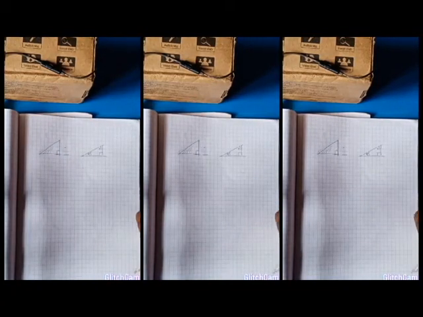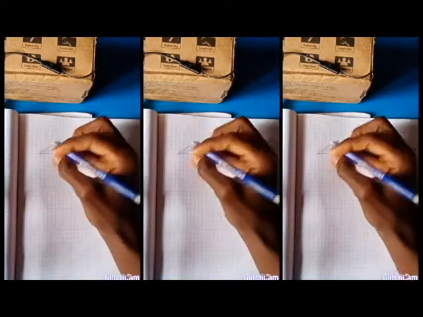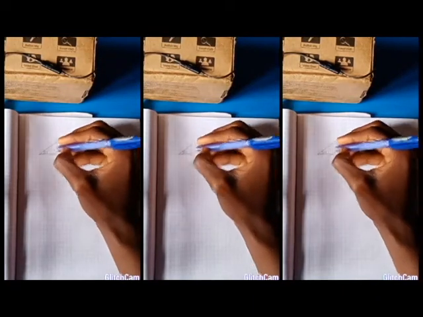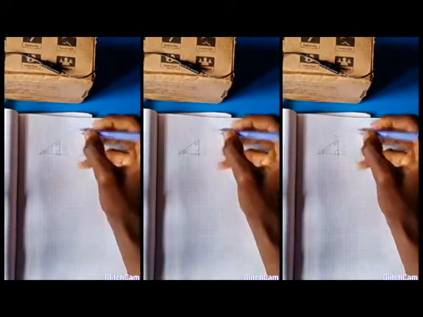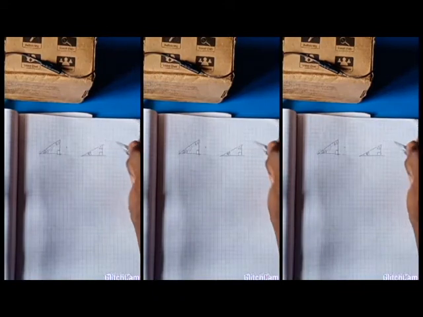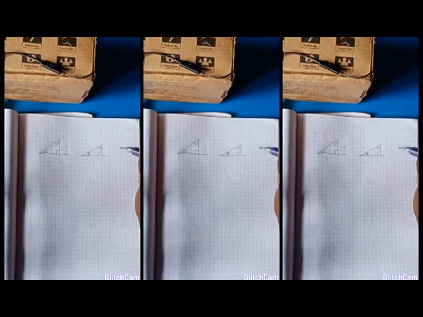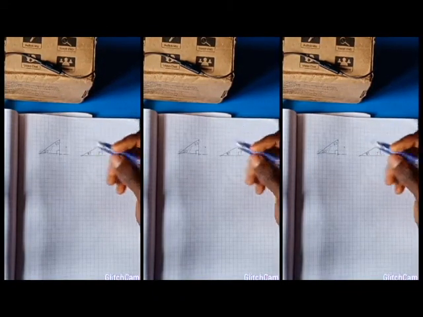Hello, I'm Beni and I'm going to show you how to find the exact values of circular functions. For that, you're going to be familiar with these triangles, the 30, 60, 90 degree triangle and the 45, 45, 90 degree triangle.